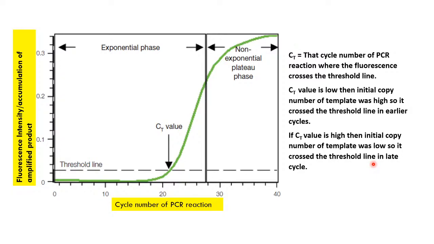So people are testing for the coronavirus by utilizing real-time PCR. What do they do? They take a nasal swab or any biological sample, they isolate the RNA, they convert the RNA to cDNA, and they add primers specific to what? The coronavirus sequences. These primers will bind. With each cycle, the fluorescence will increase and you will get the signal.